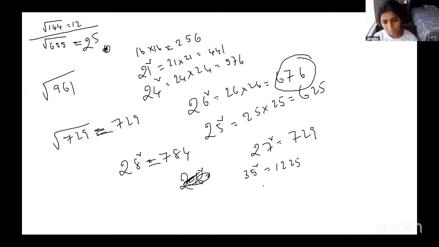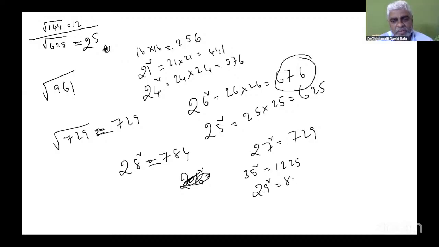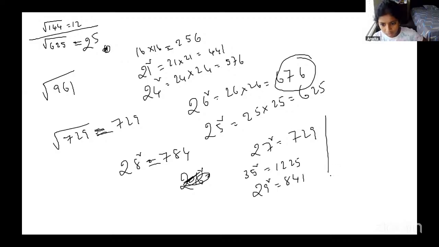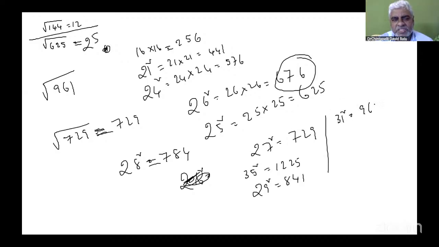Is it 29, sir? 29 square, 841. 31, sir. 31 square is equal to 961. Okay, sir. Got it? Got it, sir. Answer? It's 31, sir. Very good.